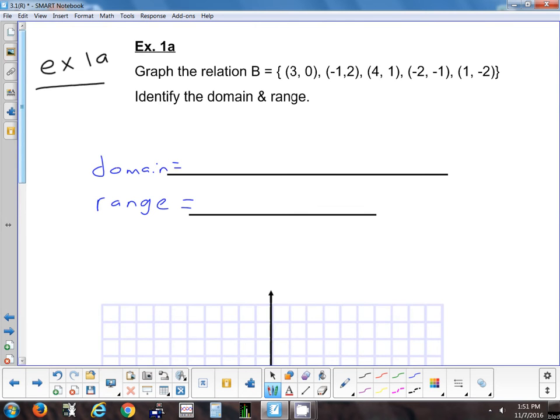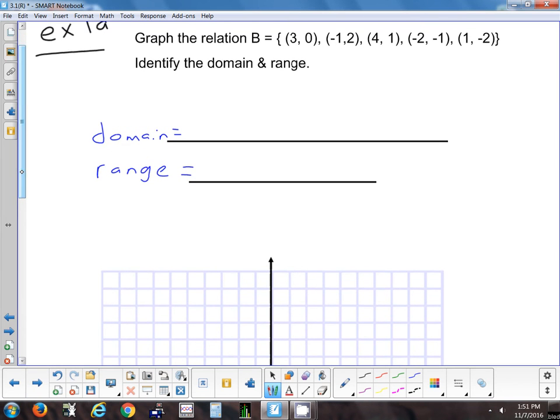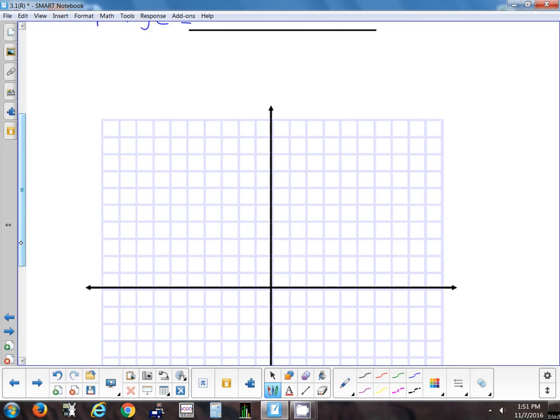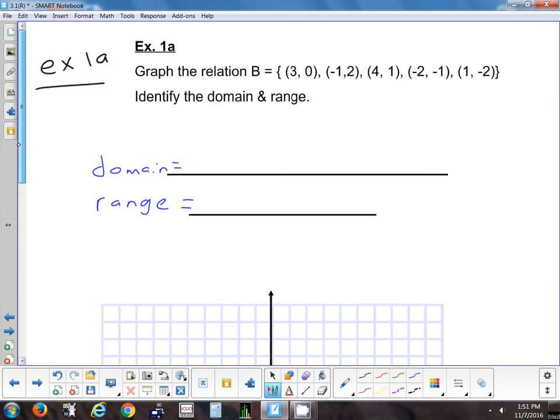All right, so that first point, 3, 0. Easily, how do I graph the point 3, 0? Right, 3. That's the first point. How about -1, 2? Someone tell me, how do I graph the point -1, 2?